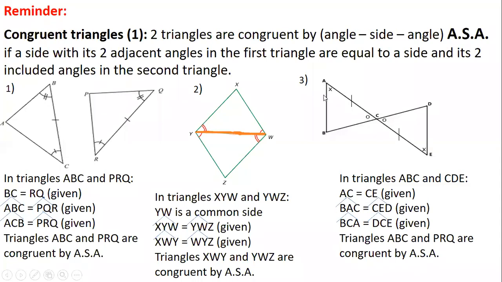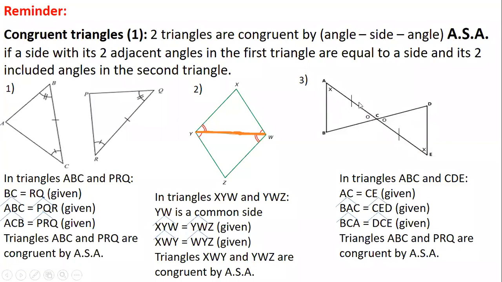Now we move to the third example with Leia Dayich. Yes, Leia Dayich. Again to you. Yes, ma'am. In the third figure, we have two triangles, ABC and CDE. This triangle here and this triangle here. You see them, Leia?